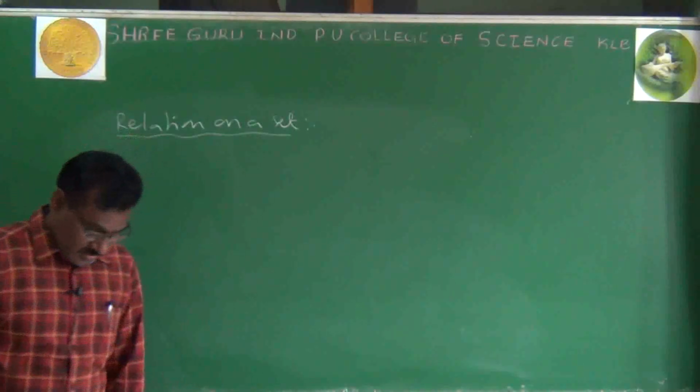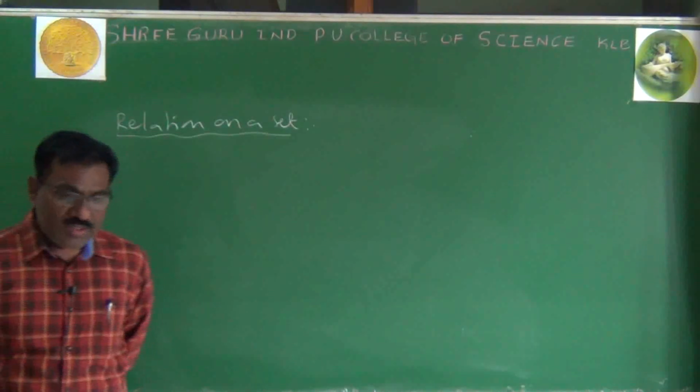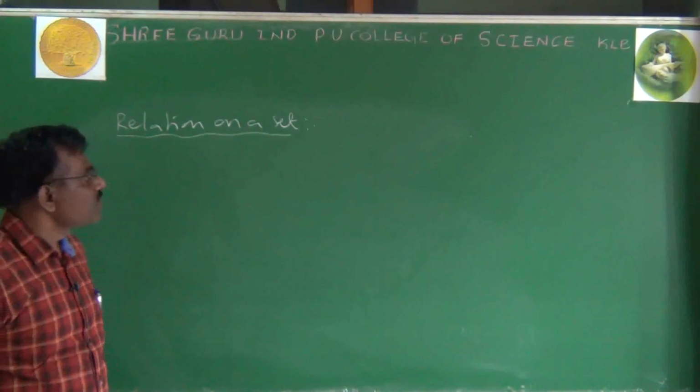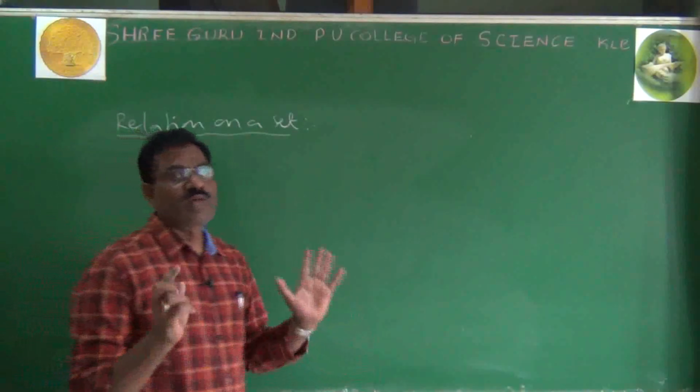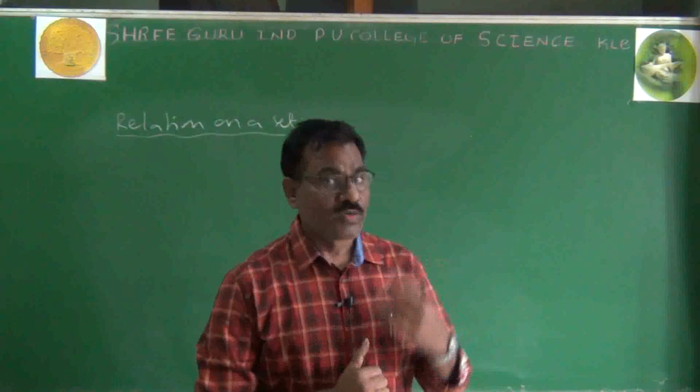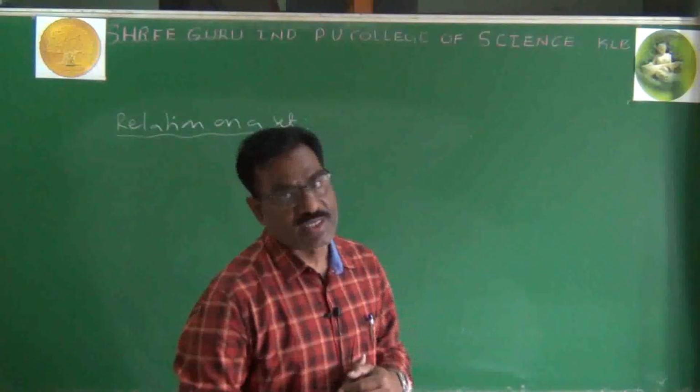This is very important. Usually in second year, it is relation on set A only. Relation on set A means only one set is given, not two sets. They are not given A and B, only one set is given.